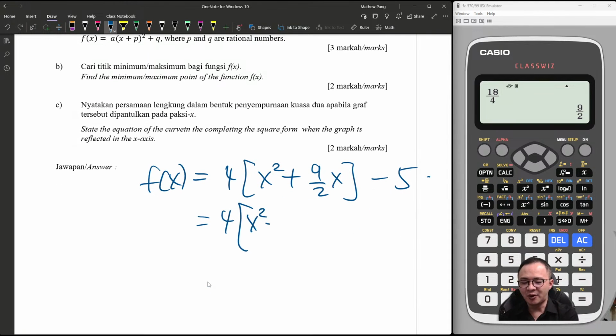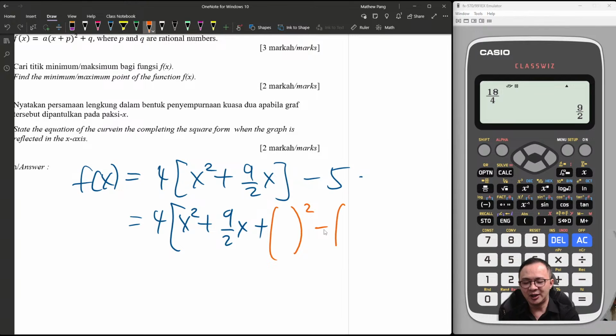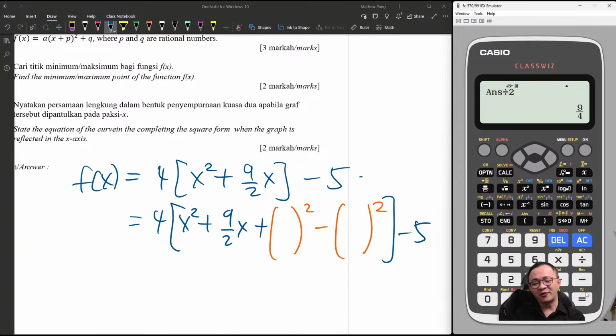Then this one copy, this one copy. We will need to plus something power 2, minus something power 2, minus 5. So the something here is basically b divided by 2. Your b is 9 over 2, so divide by 2 again is 9 over 4. So minus 9 over 4 squared.